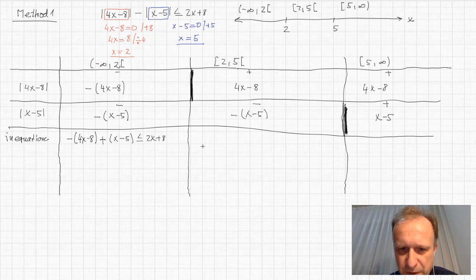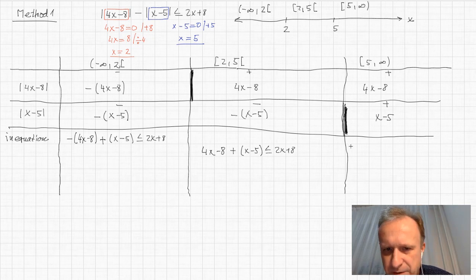The second inequation will be obtained in a very similar way, but this time the first expression is replaced just by 4x minus 8. Now minus, and again minus something, so there is going to be plus x minus 5, which is less than or equal to 2x plus 8. There is nothing necessary to do with this, it's just 2x plus 8.